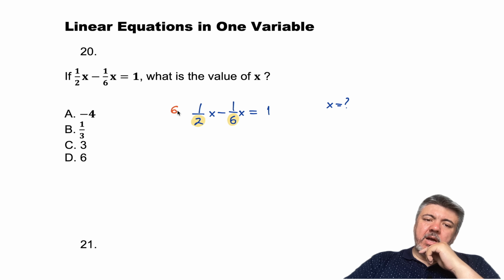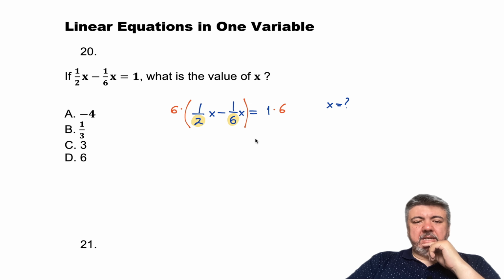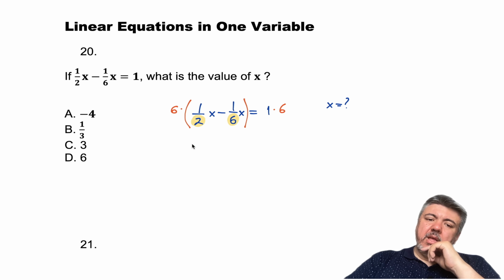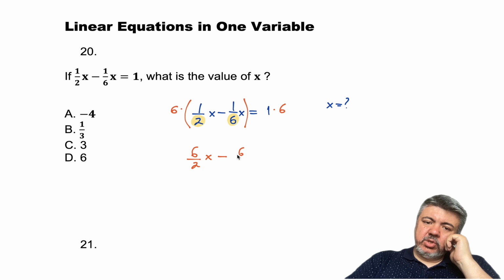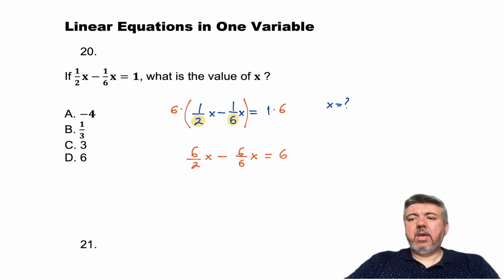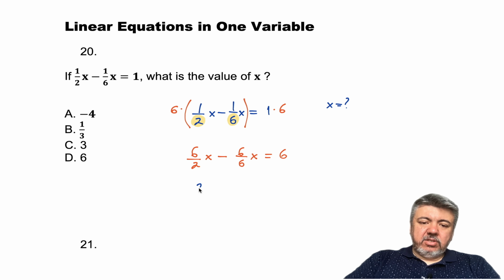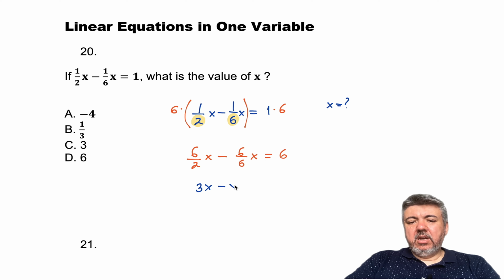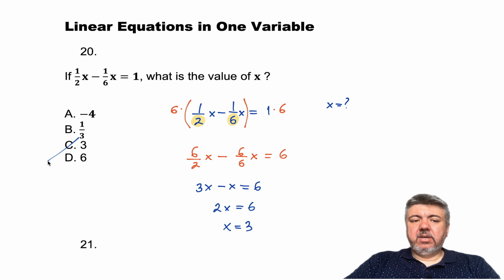So I will multiply by 6 on both sides. It's going to be like 6 over 2x minus 6 over 6x equals 6. Okay, what next? It's 3x here and x here, equal to 6. 2x equals 6 and x equals, divide by 2, 3. 3 is the answer.